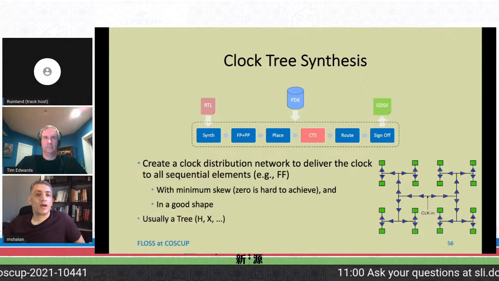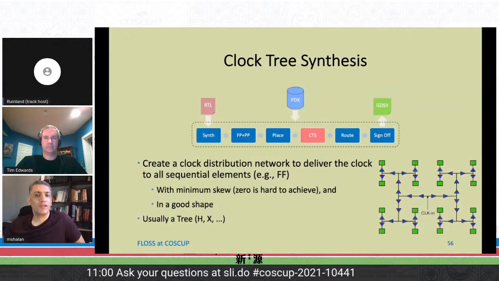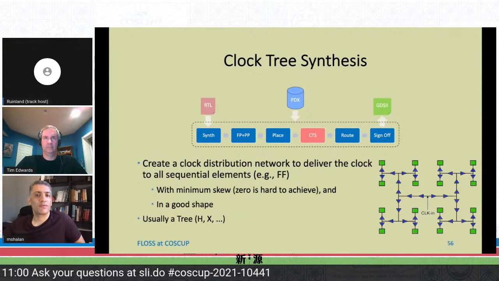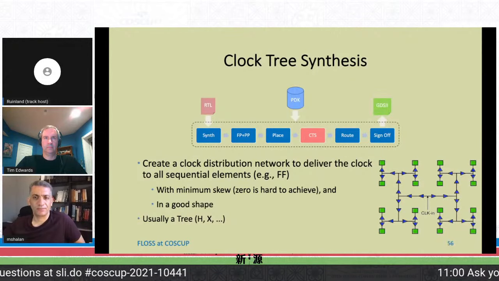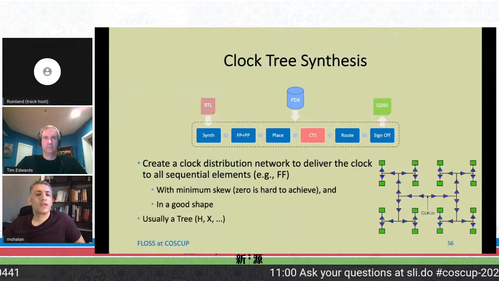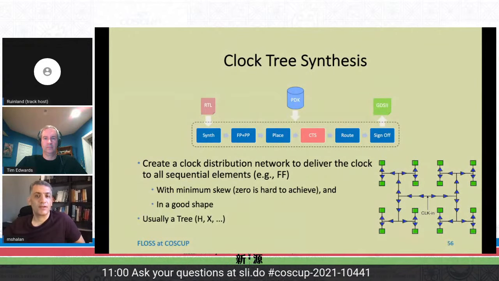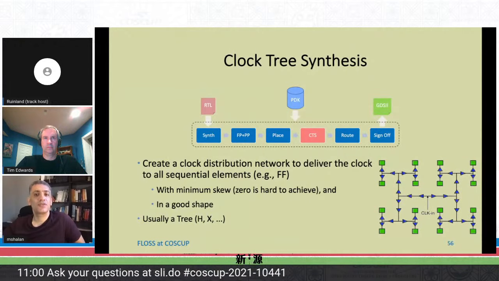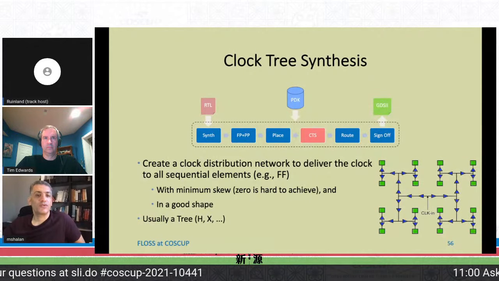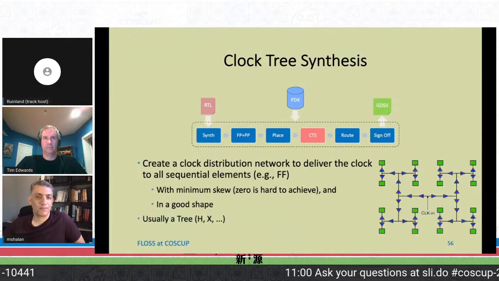This clock distribution network is typically in the form of a tree made out of inverters and buffers from the standard cell library. This tree will deliver the clock to all the cells that are clocked, like flip-flops and latches. The objective here is to deliver the clock in a good shape with minimum skew and minimum latency.